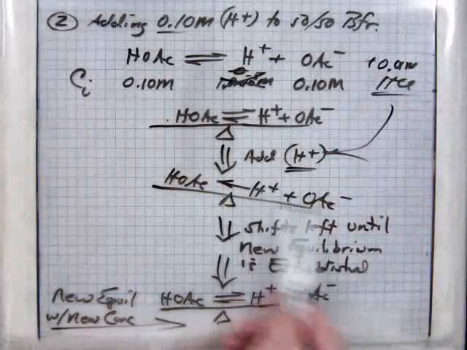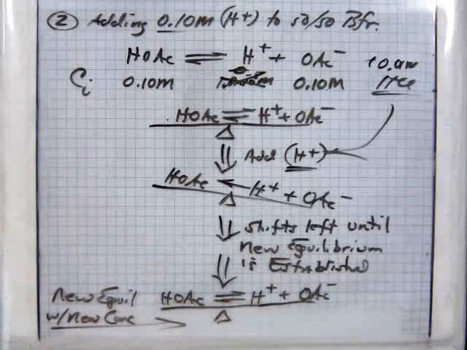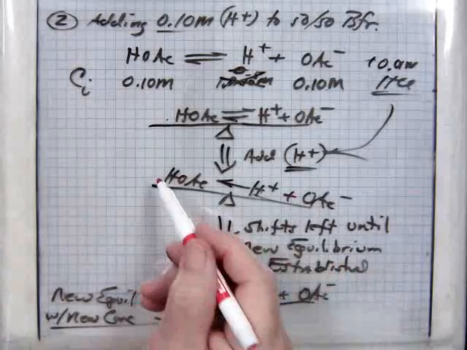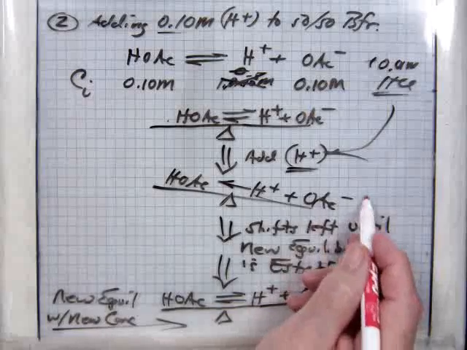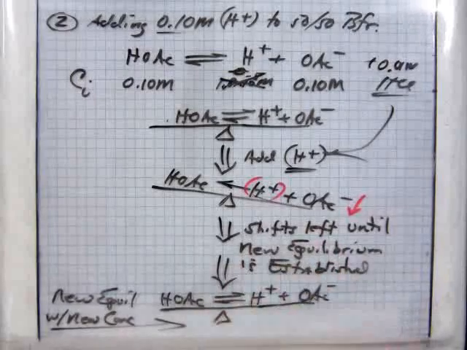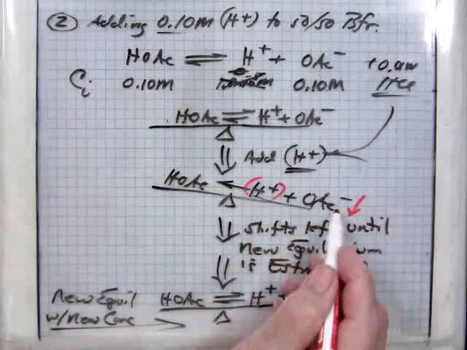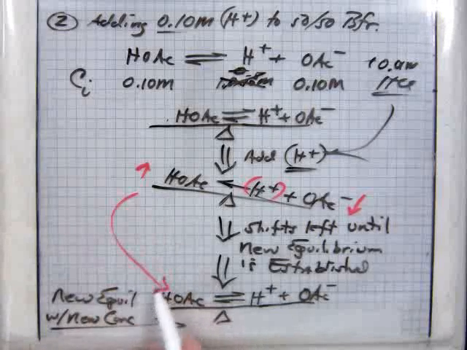It got this side heavy, then it shifted. Now, looking at the concentrations, if it shifts from right to left, what's going to happen to the acetate concentration? It's going to go down from where it started. See, this is in excess right now. So this one's going to go down, and this one's going to go up to give the new equilibrium.